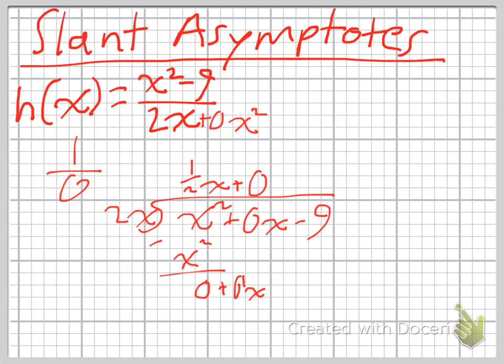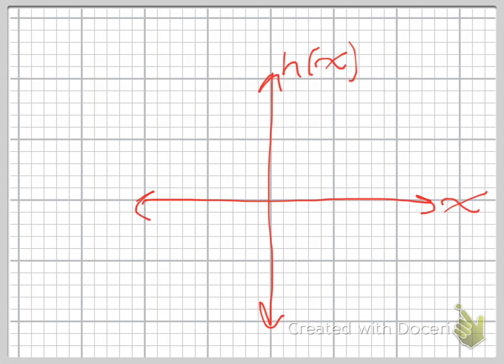You'll see our vertical asymptote will be at the value of x equals 0, and our slant asymptote will be the line h of x equals 1/2 x. Can write that off to the side. That's our slant asymptote.